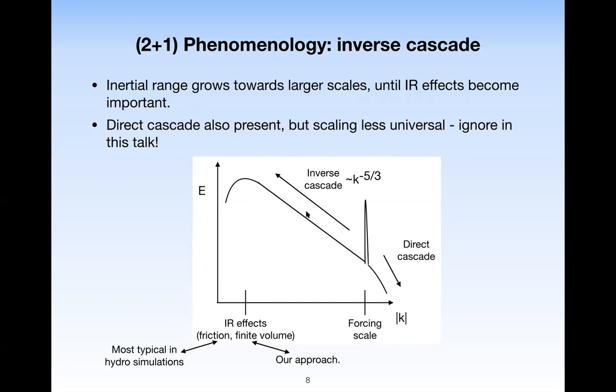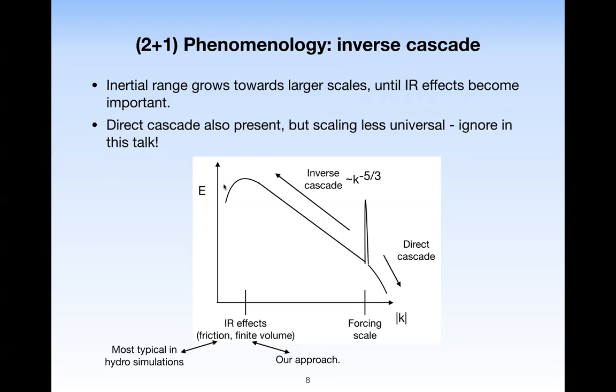And if the system was infinite in size, this would be the end of it. So this line would extend all the way. But for any practical purposes, this is never true. If we have a sample in the lab that has a finite size, or if we're doing a simulation, then we have a finite size grid. So at some point, it's inevitable that we'll hit the IR effects.